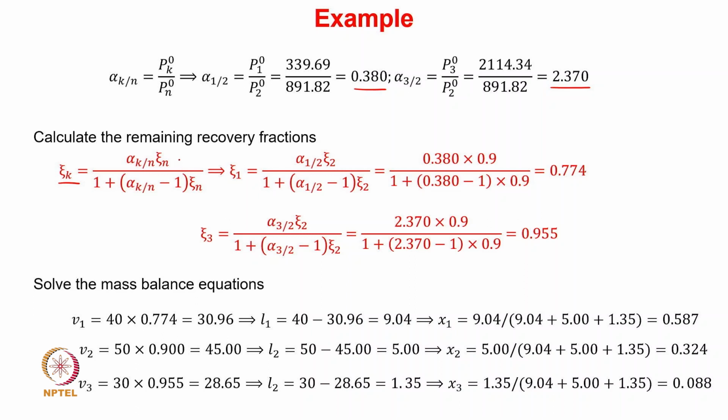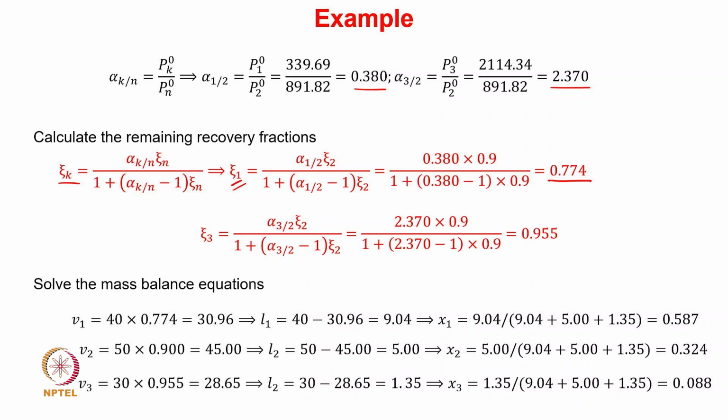So we can use this zeta n and the alpha kn values we have calculated for all the components to back calculate zeta k. So zeta 1 comes out to be alpha 12 into zeta 2 divided by 1 plus alpha 12 minus 1 into zeta 2. So with this we can calculate zeta k, which comes out to be 0.774.